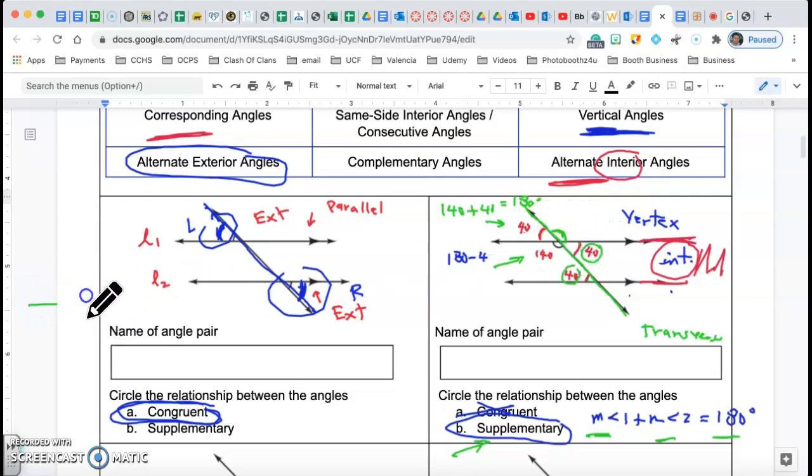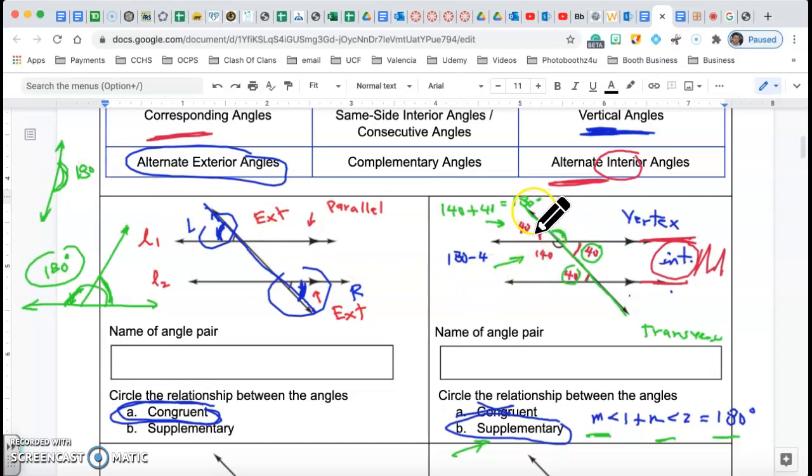A straight line. Look, let me draw here a straight line. This angle is 180. I can divide that angle by doing the straight line. So now I have one angle on the right and one angle on the left. If I add those two angles, I will get 180 degrees. Those are supplementary angles. Any straight line will give me 180 degrees.